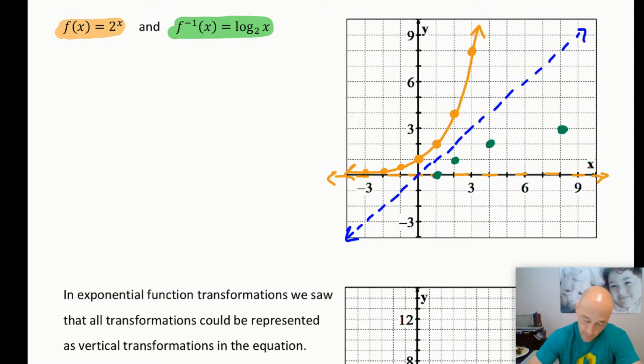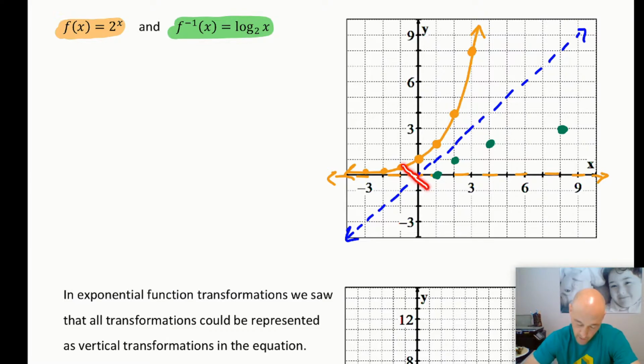And we can also see, for instance, that this point 3, 8 is reflected across the line to become the point 8, 3. This point 2, 4 is reflected across the line to become the point 4, 2. So those x and y values just switch places. Similarly here, it's going to go to negative 1, negative 1/2.